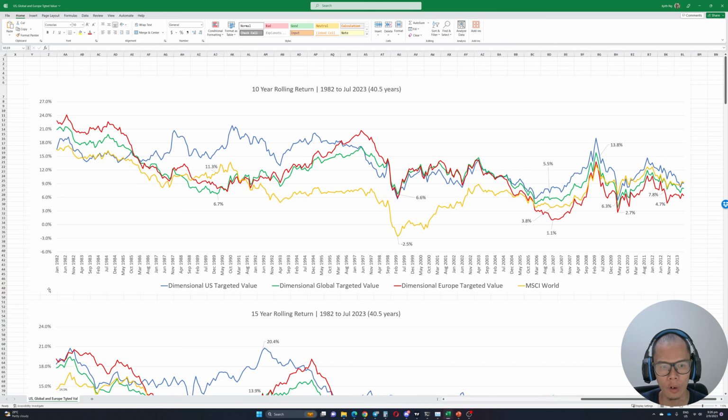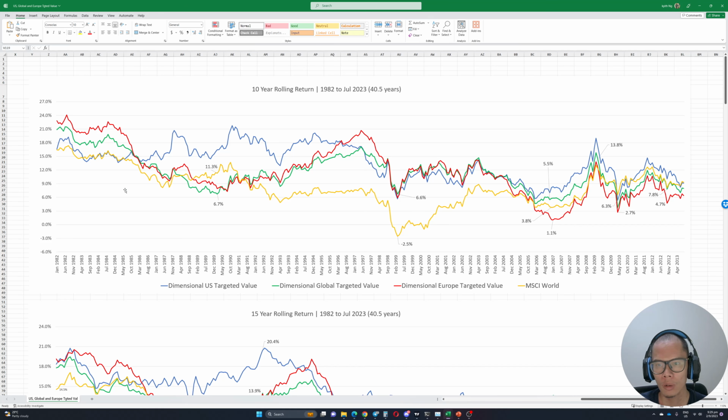So if we start in Jan 1982, that means it ends in December 1991. So each point is about a 10-year period. If you see this number over here, 11.3, that means that over that 10-year period, the compounded return for MSCI World, which is this yellow line, is 11.3%.